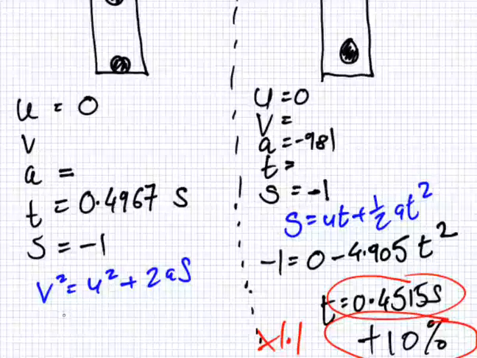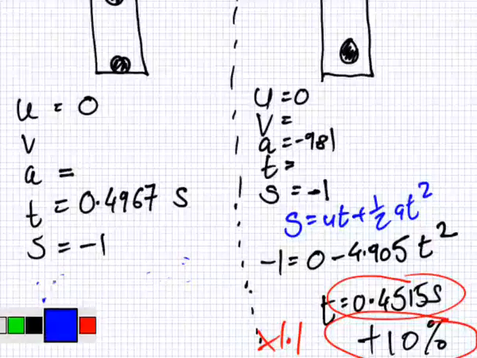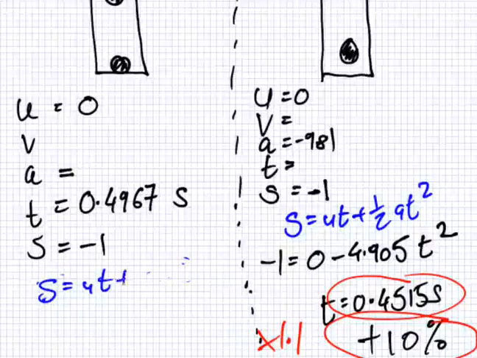Here I take this T and multiply it by 1.1 because I want to make it 10% bigger, because I said here it takes 10% longer.